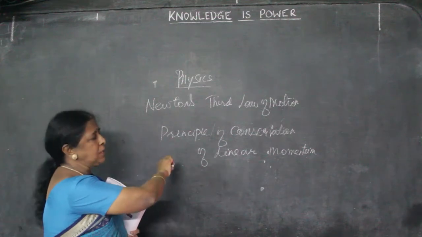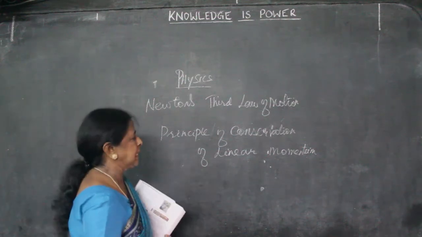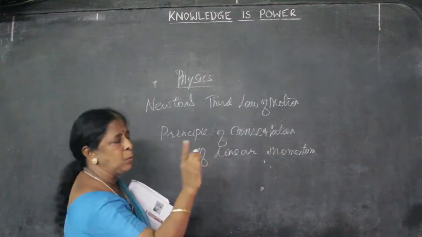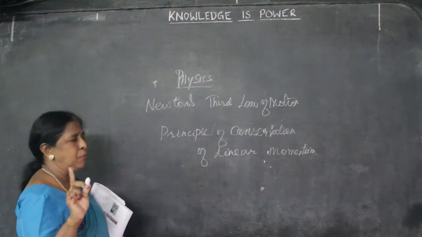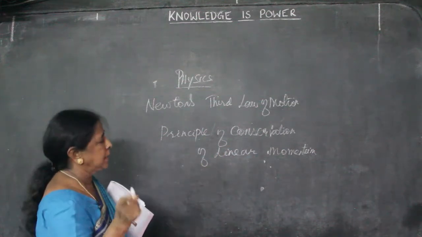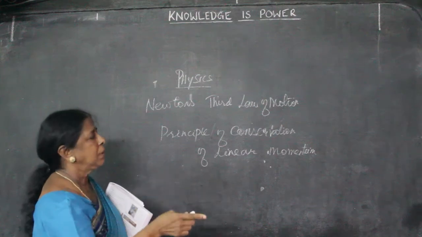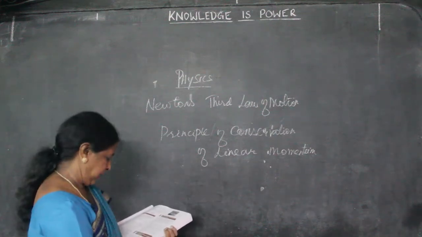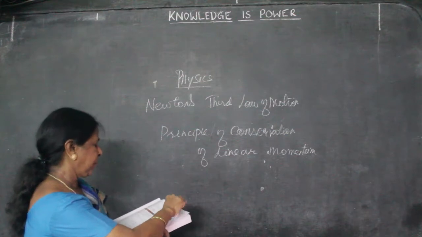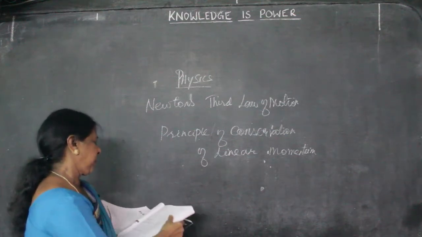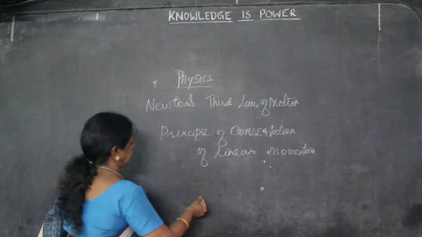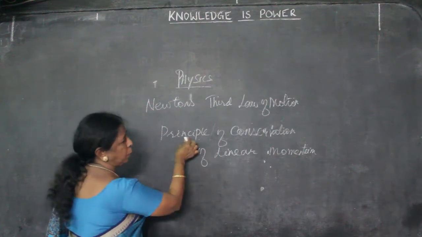So here we have to see what is conservation. Conservation, saving, I said; linear, straight line; and momentum, the product of mass and velocity. For example, F1 one force, F2 one force. When those two forces act in the same line, and we multiply, their product is what you call momentum. So you can consider how many objects there are. Two, I say.